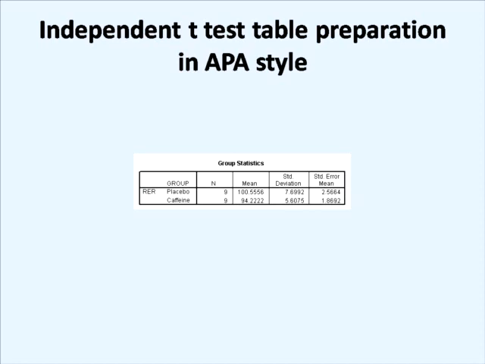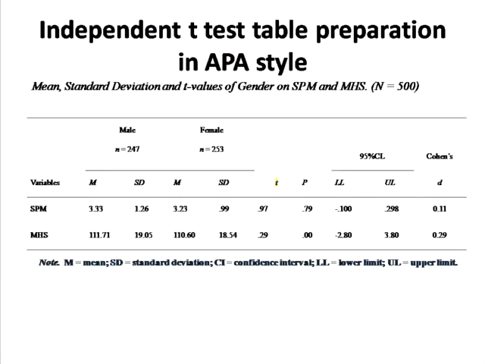We pick up the mean and SD, the first row for the first variable and the second row for the second variable, and right here the mean and SD for the first variable.